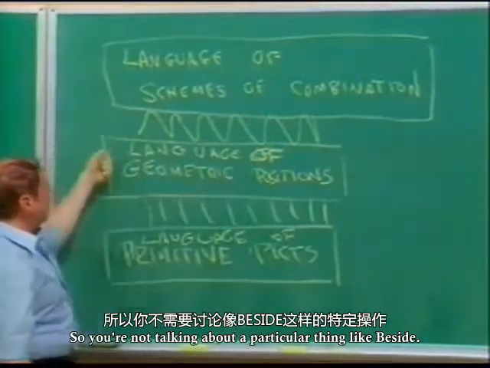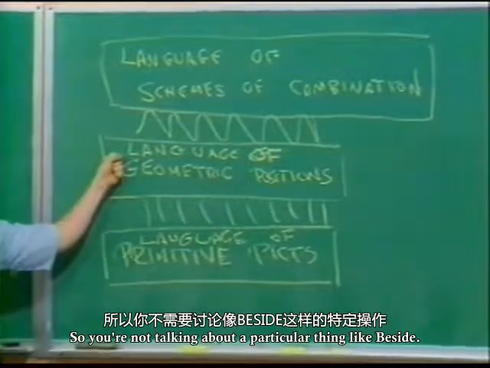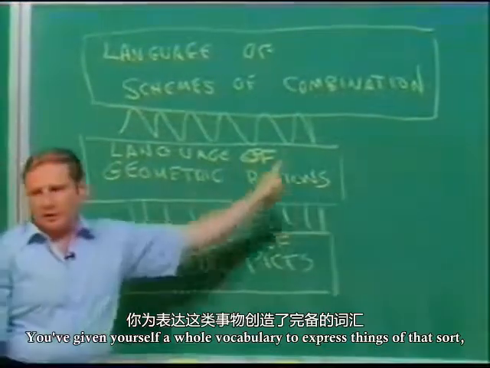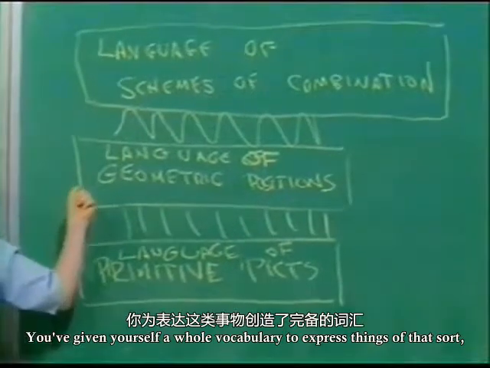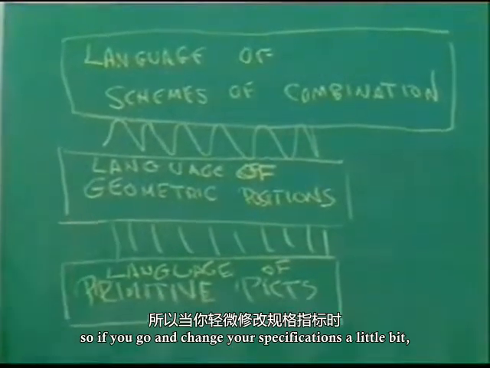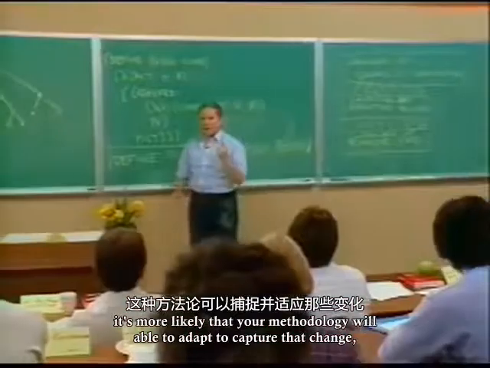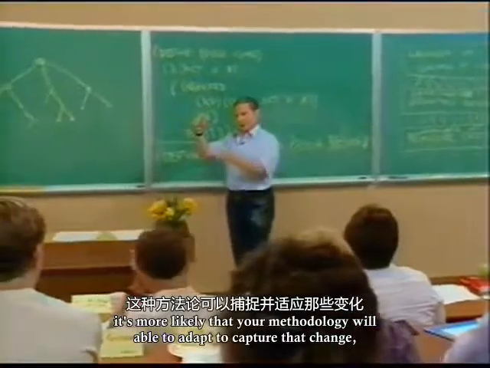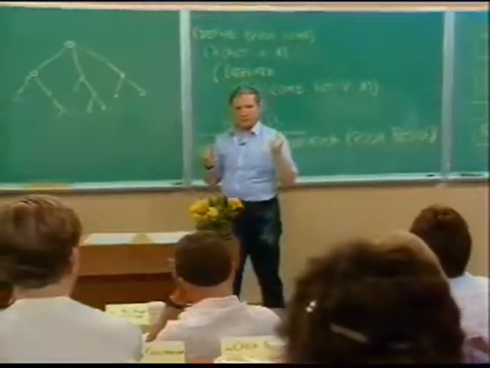So you're not talking about a particular thing like beside. You've given yourself a whole vocabulary to express things of that sort. So if you change your specifications a little bit, it's more likely that your methodology will be able to adapt to capture that change.